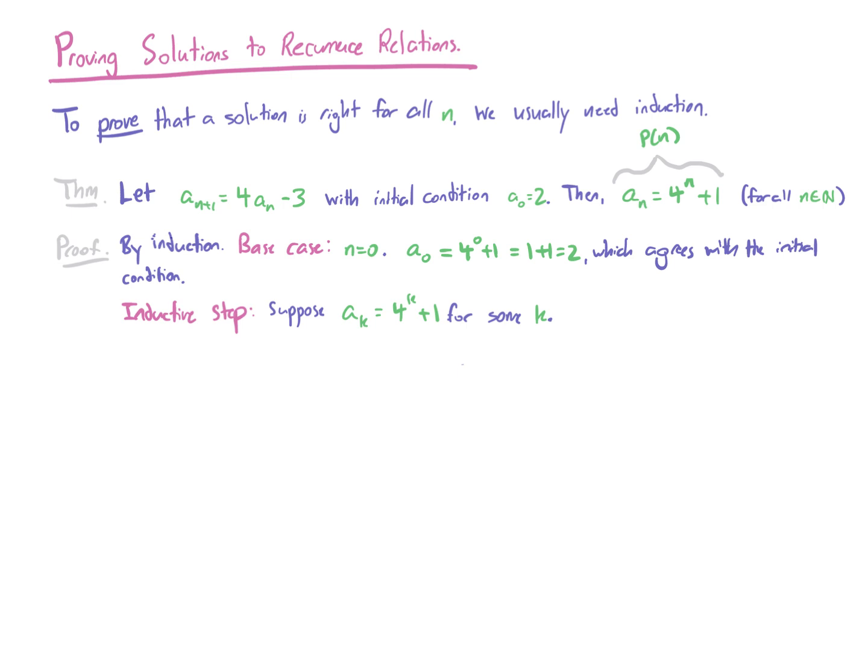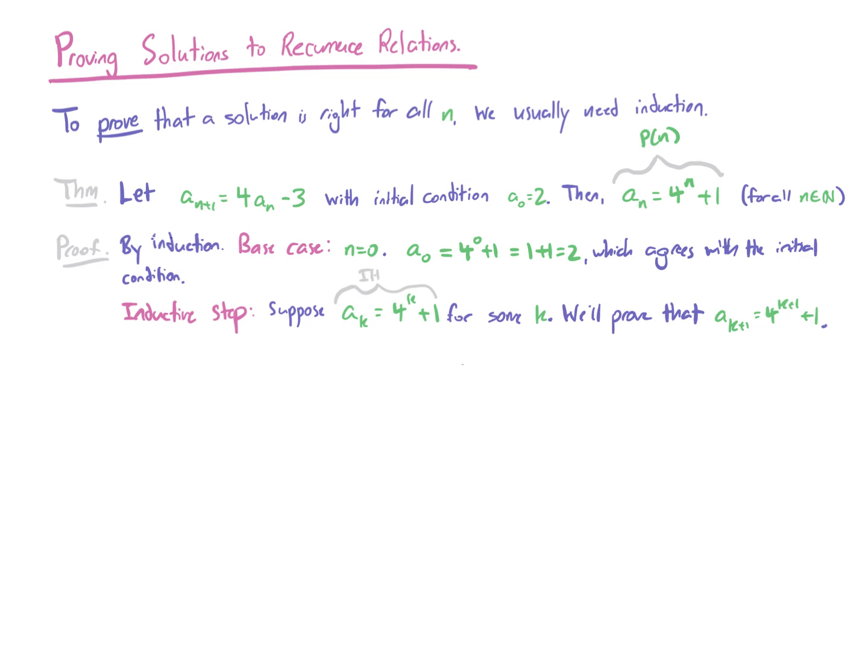Then to just set up my scaffolding here, we'll prove that, hey, it's also the case that a of k plus 1 equals 4 to the k plus 1th power plus 1 under this hypothesis. So our inductive hypothesis is right here, and I'm going to label it because we're going to use it in a moment.